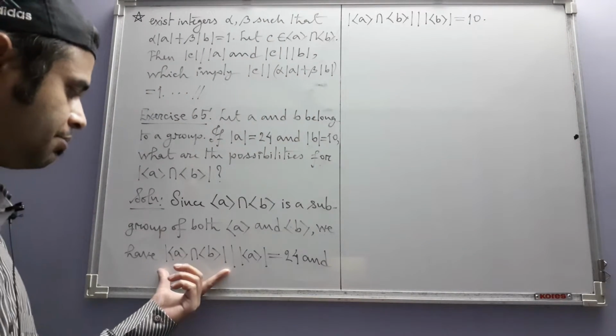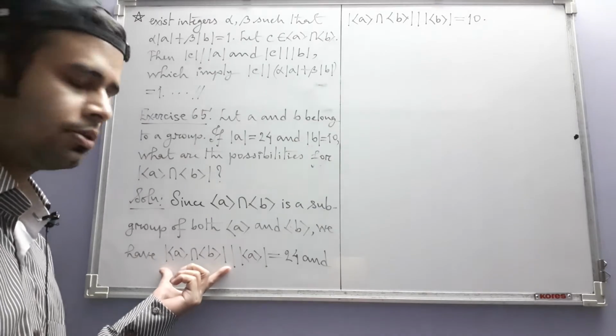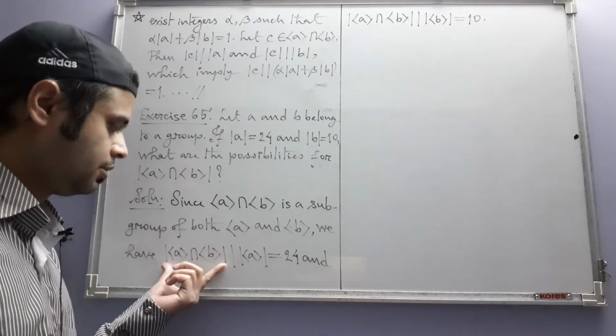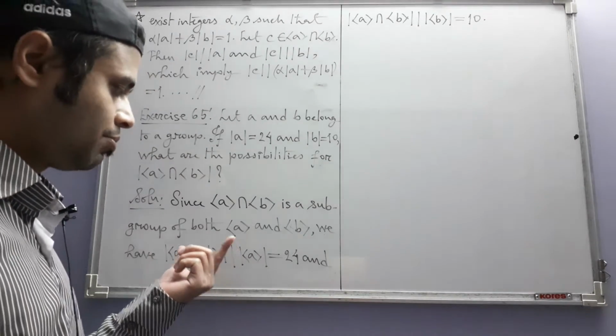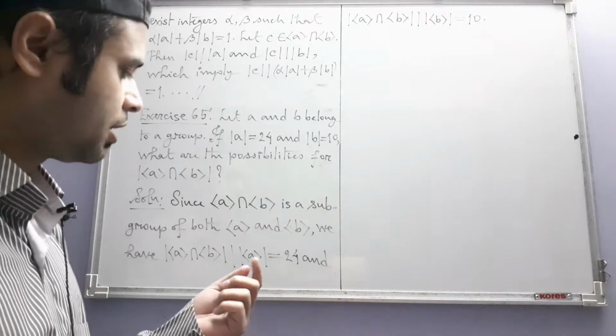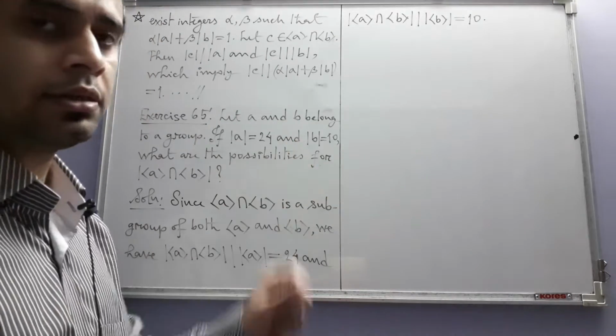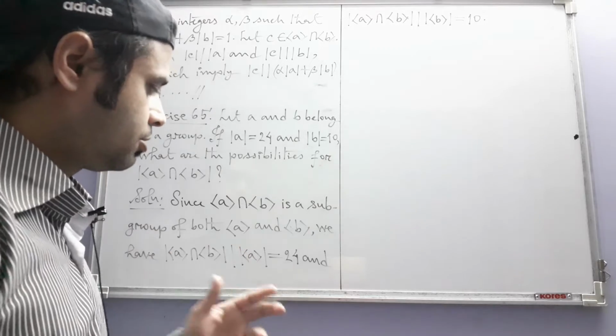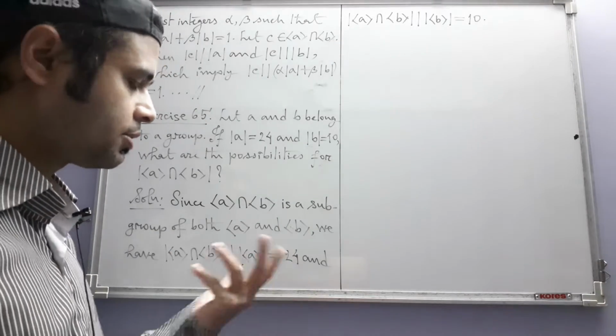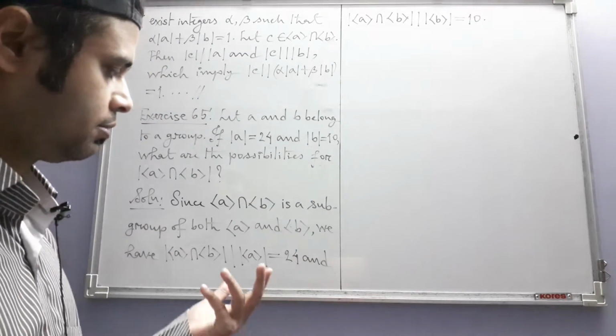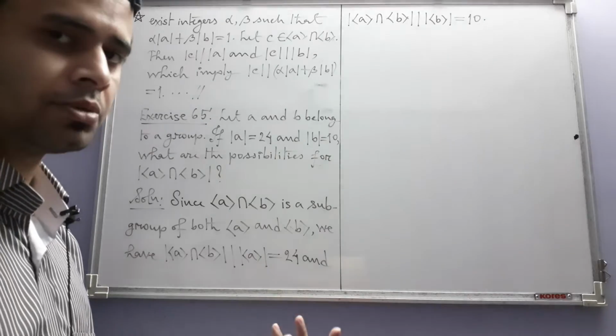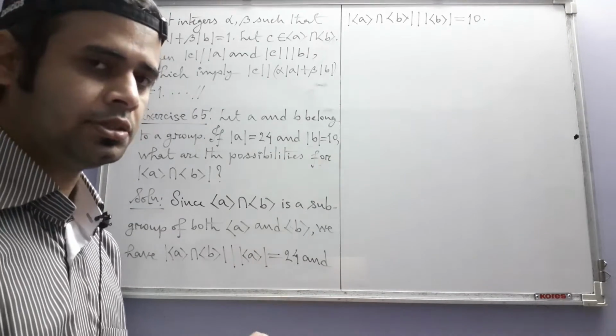So this is a positive integer, right? It is the order of some group. This is a positive common divisor of 24 and 10. So it should divide the greatest common divisor of 24 and 10 by elementary properties, in fact by the definition of GCD.